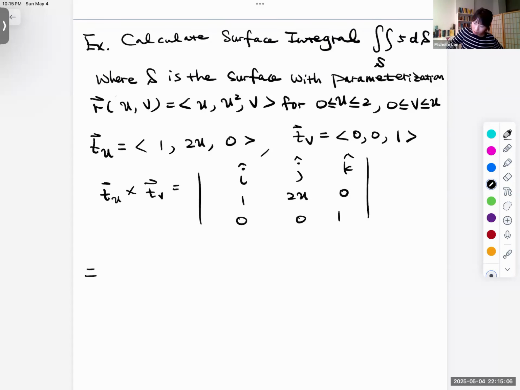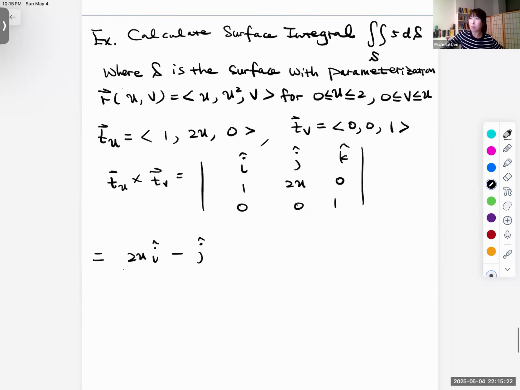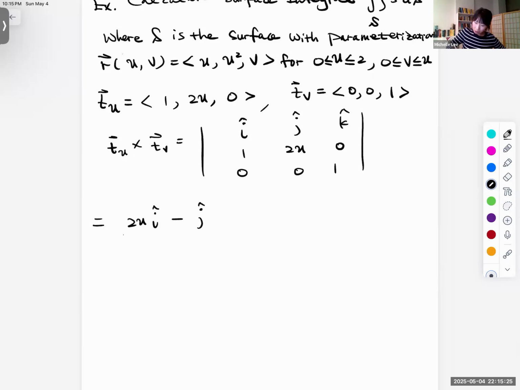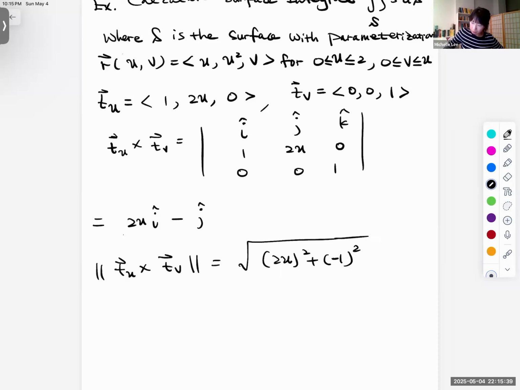So i component is 2u, j is negative 1, k is 0. Now the magnitude of the cross product: we have 2u squared plus negative 1 squared.